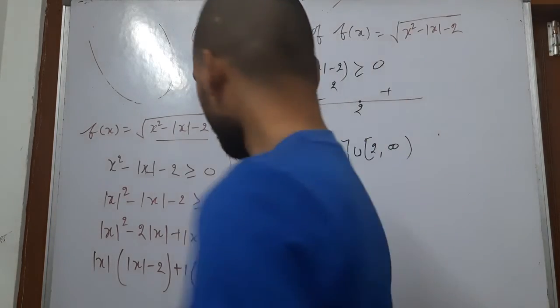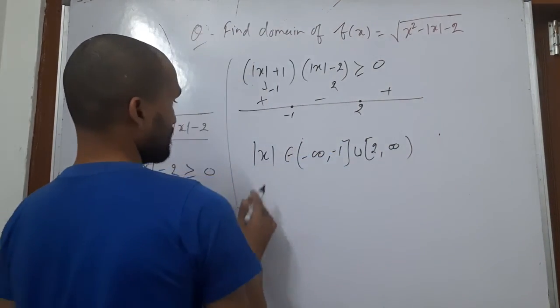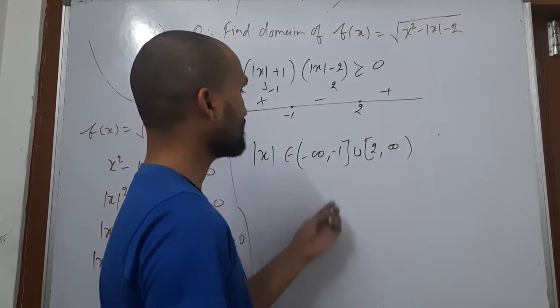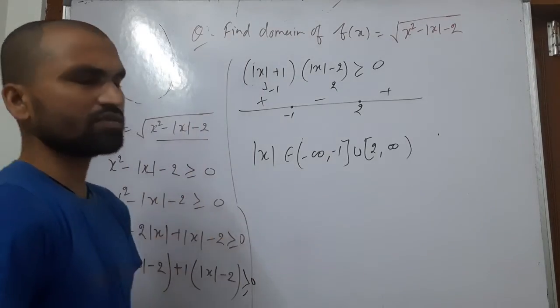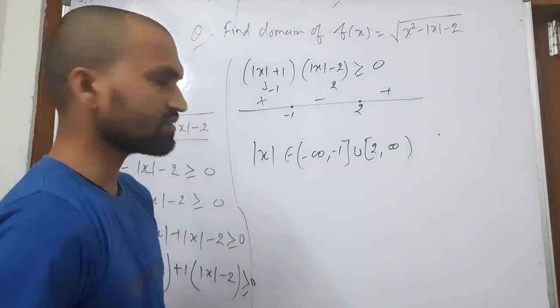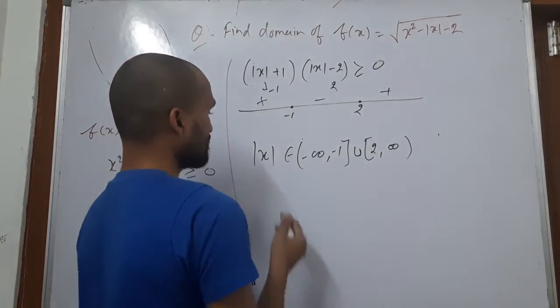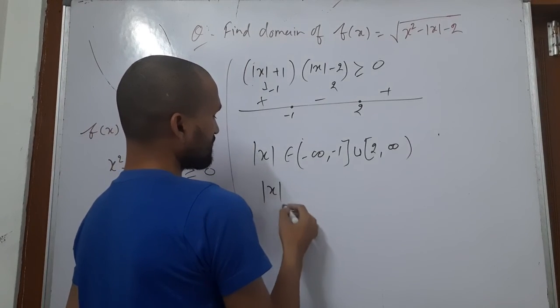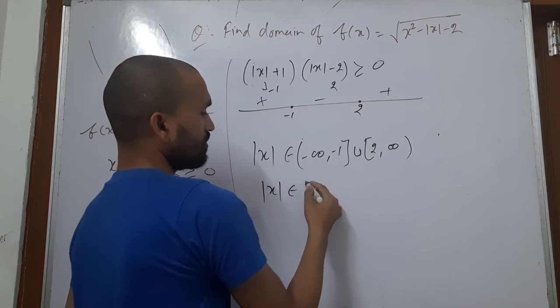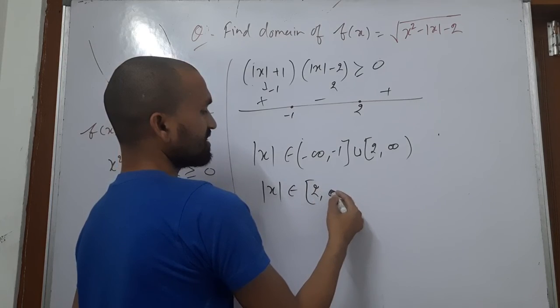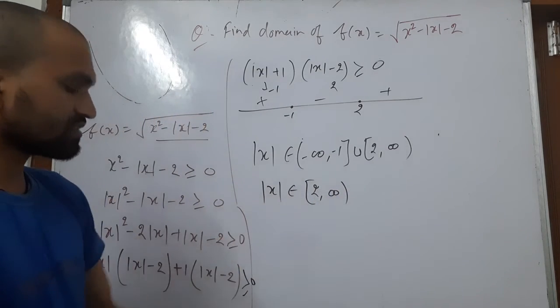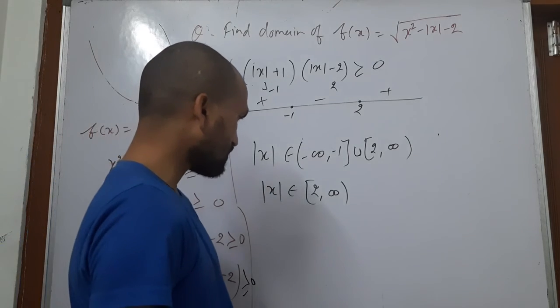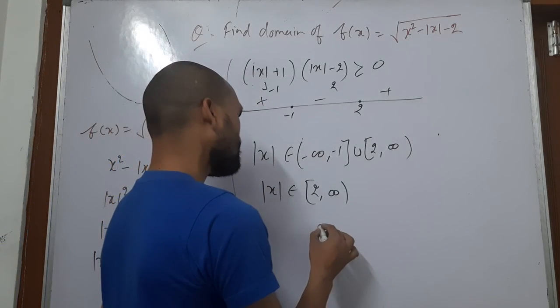As we have taken here as per the rule, minus infinity to minus 1, but that is not possible in case of mod, so we should reject this. So our remaining result will be 2 to infinity, because we have taken non-negative results. If mod x belongs to closed interval 2 to infinity, so what will be x?